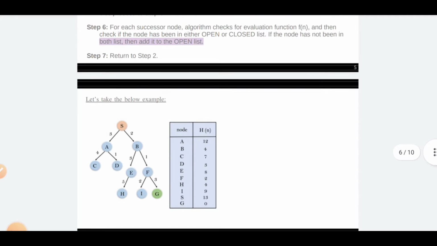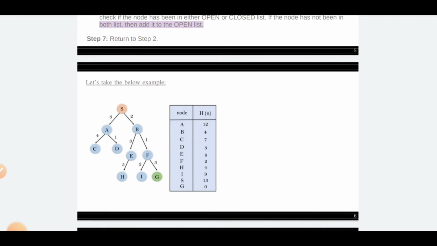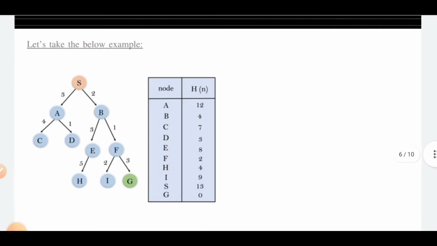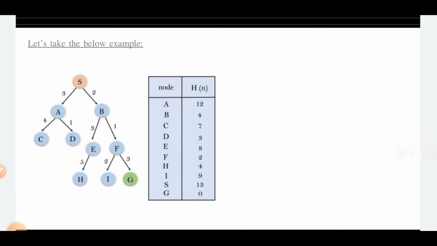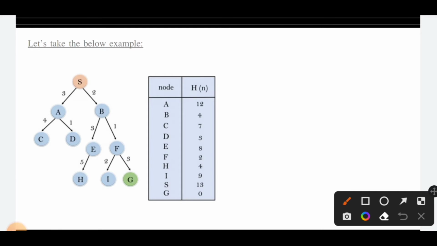Let's now study this algorithm and see the example below. Here you can see we have S as the starting node and G as the goal state. Here we have the Hn values of each node. The Hn value of A to G is 12.